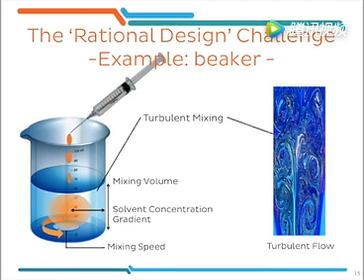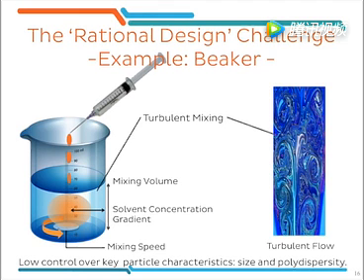This concentration gradient has a poorly defined diffusion profile. Also, this concentration gradient changes the more organic solvent we add to the aqueous phase, as the overall solvent concentration in the entire solution increases.